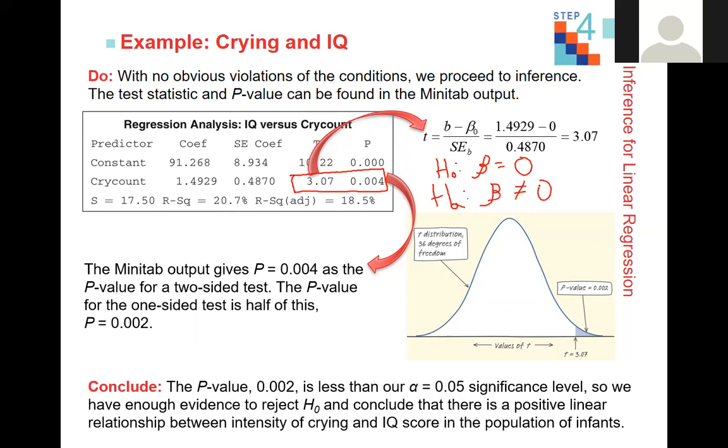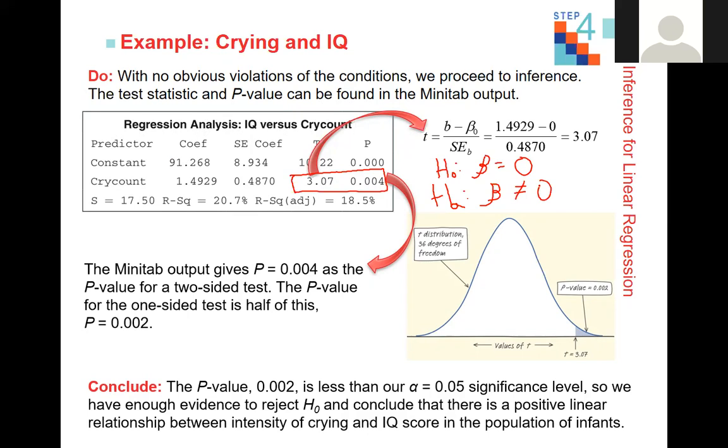So that's what the values in that table are giving you. It's giving you what the t-score is, and it's giving you the p-value for the two-sided test centered at 0. So just keep in mind, if our null and alternative are anywhere else aside from 0, these values do nothing for you. They don't help you at all.